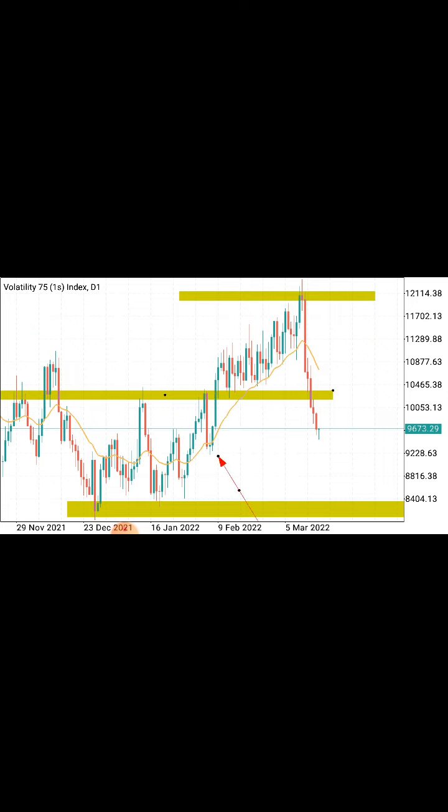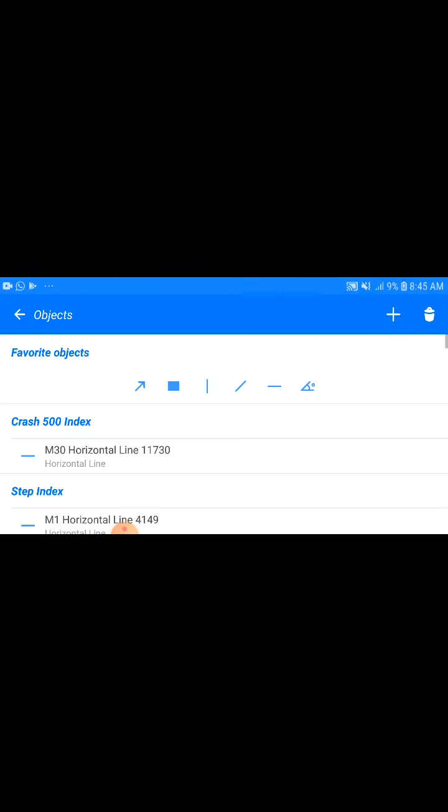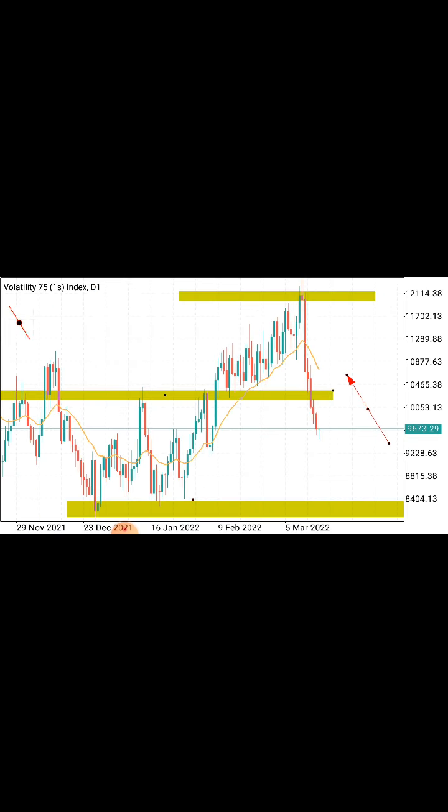So you can see it was ranging. But as it started breaking out, it started respecting this trend line. It kept on coming back to bounce back on the same trend line. If you can see, not until we saw a breakout here.